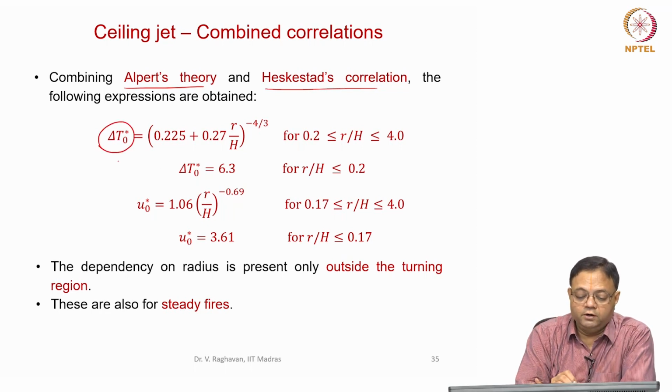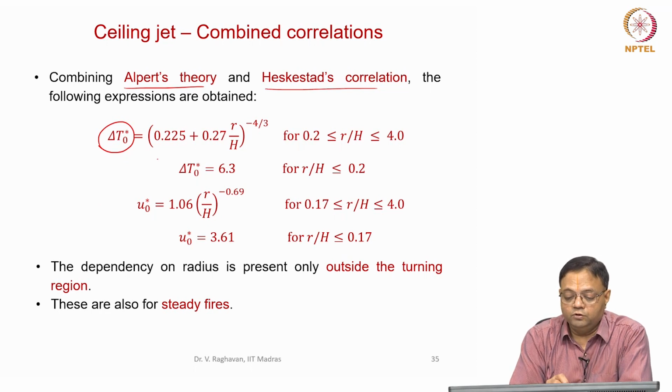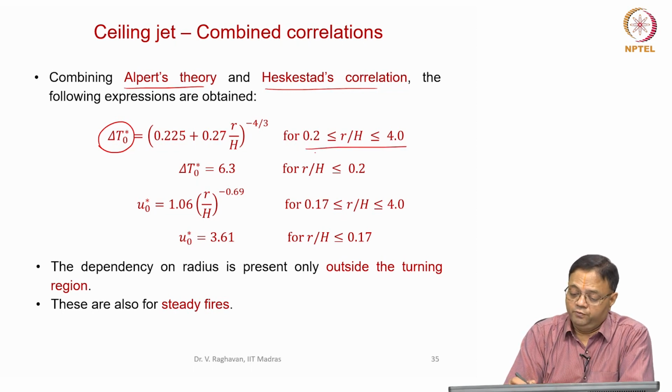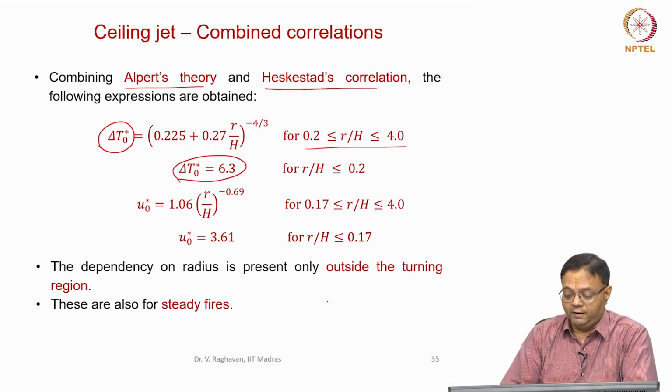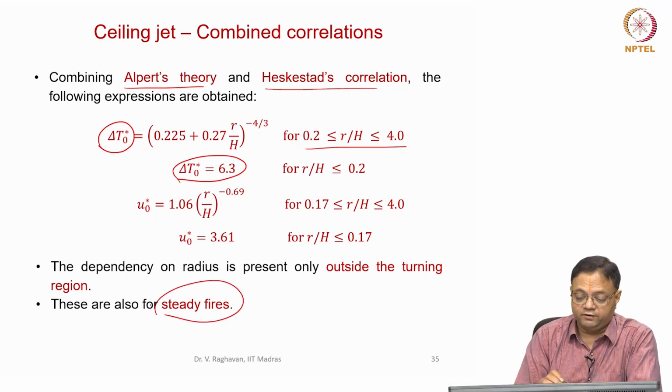So delta T naught star can be written as 0.225 plus 0.27 R by H to the power minus 4 by 3 for this radius range, or in the turning region delta T star equals a constant, 6.3. Again, please understand that these are all for steady fires.